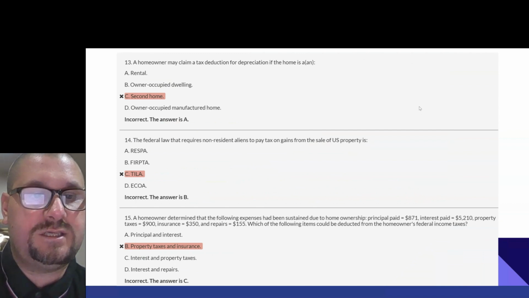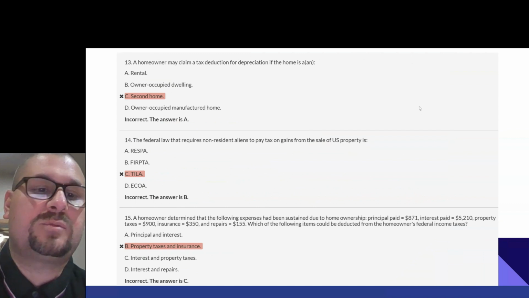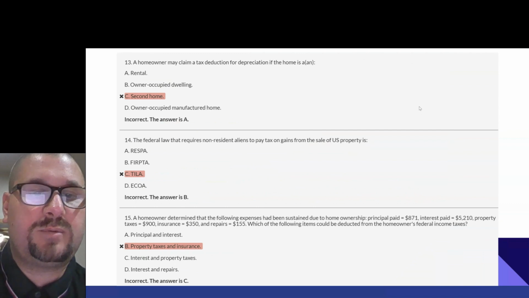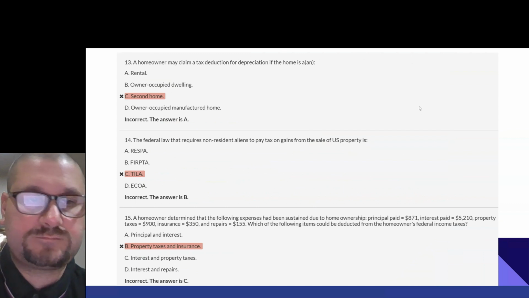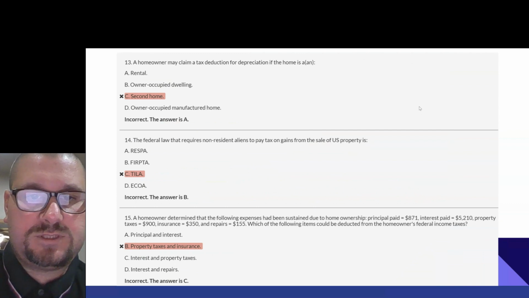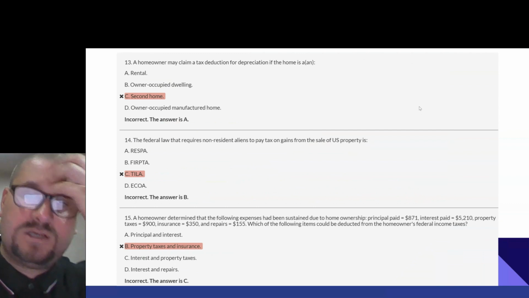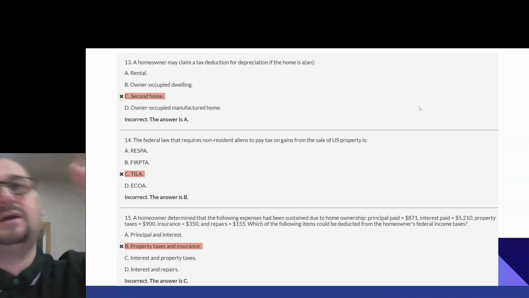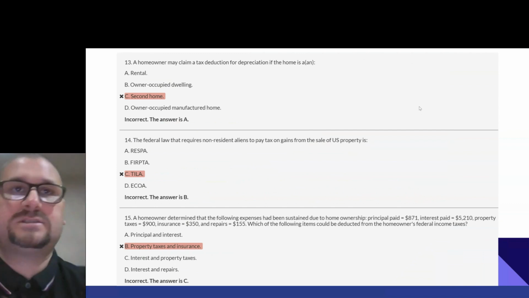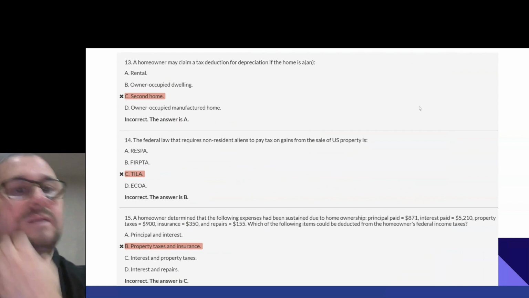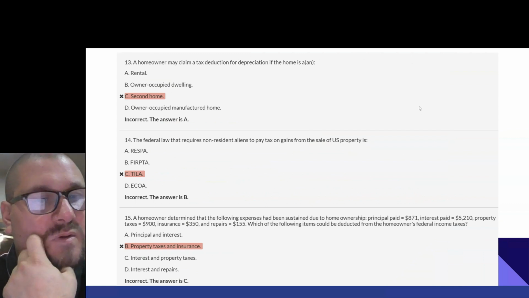It'll be C, interest and property taxes. So again, we talk about PITI, principal, interest, taxes, insurance.